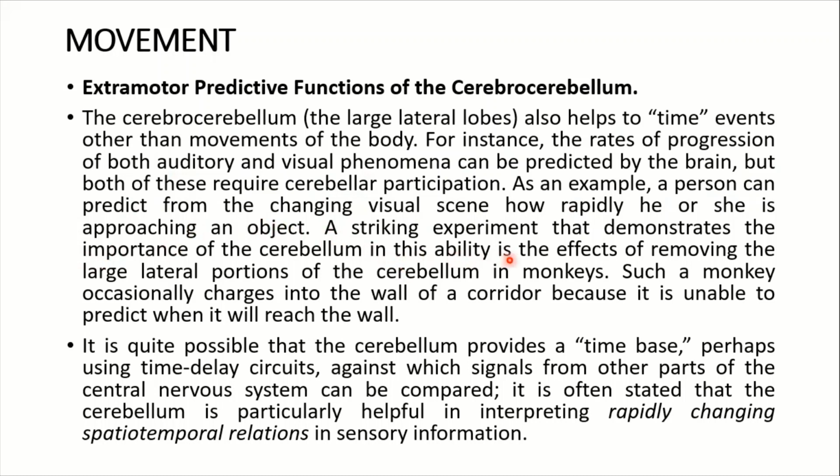A striking experiment that demonstrates the importance of the cerebellum in this ability is the effects of removing the large lateral portion of the cerebellum in monkeys. Such a monkey occasionally charges into the wall of a corridor because it is unable to predict when it will reach the wall.